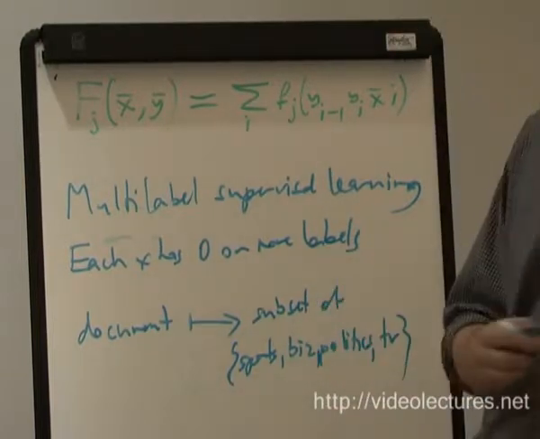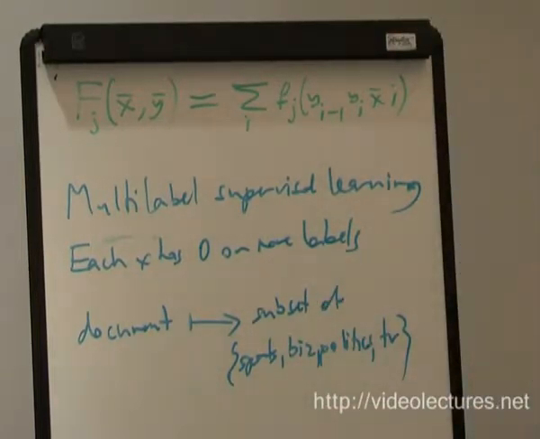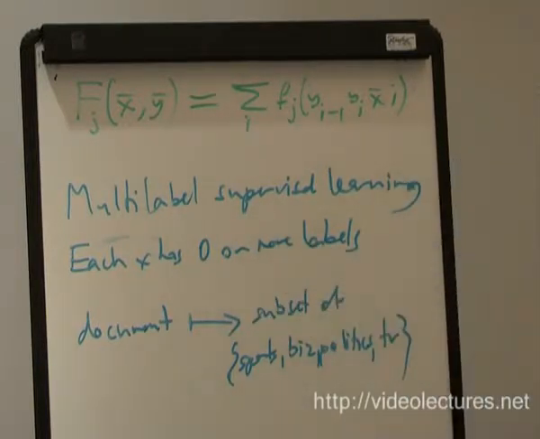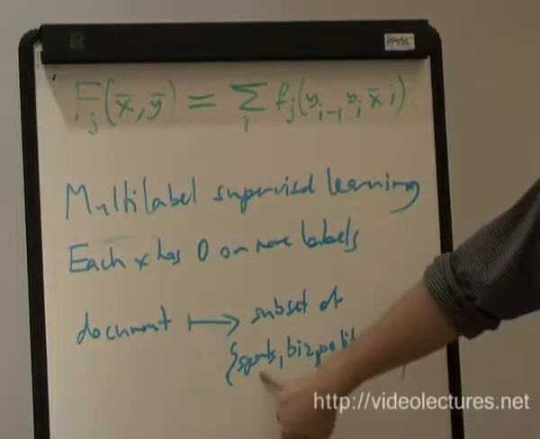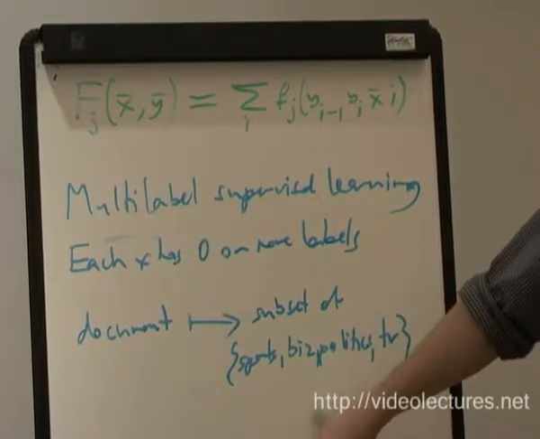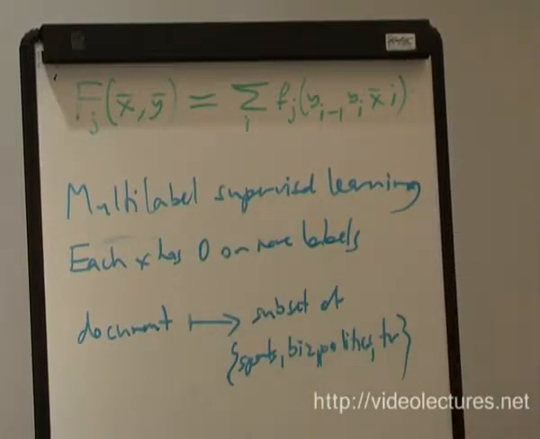So you have the classic document categorization problem. You have documents and you want to assign them to categories. But each document can belong to more than one category. So if you have a document about Mike Tyson having tax problems, then that might belong to the sports category and the business category and the politics category if there's a political aspect to his tax problems.